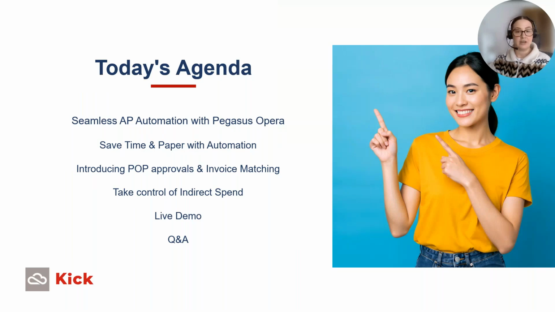We'll then look at the phase 2 solution, which is looking at the POP approvals and invoice matching. And we'll then touch on how you can take control of indirect and non-stock spend with features around integrated online buying. I will be providing you with a live demonstration of POP approvals and AP automation end to end. And then finally, we have set aside some time at the end of the session for a Q&A where we'll be able to respond to any questions that you ask throughout. So as Kirsty said, just add these to the chat box.